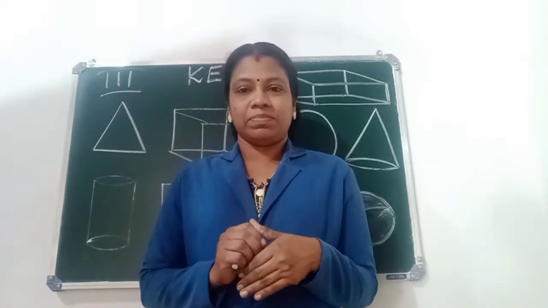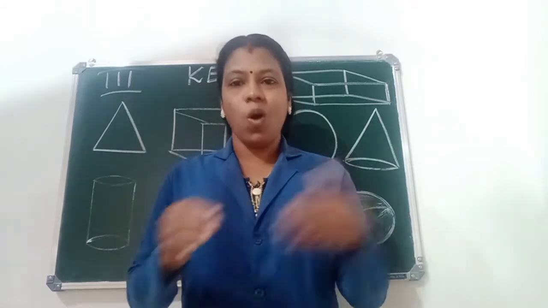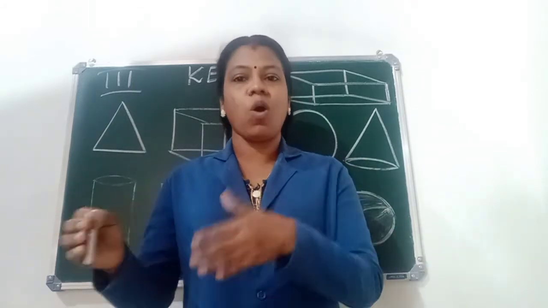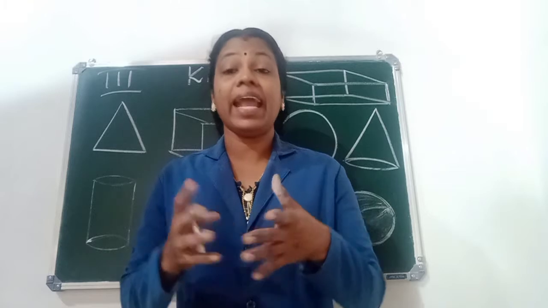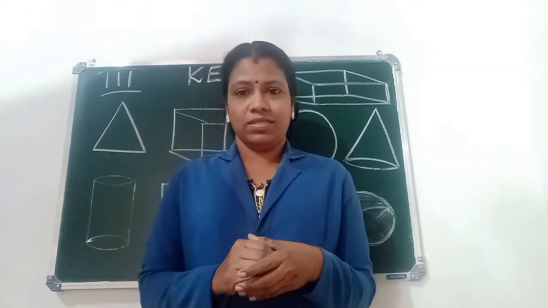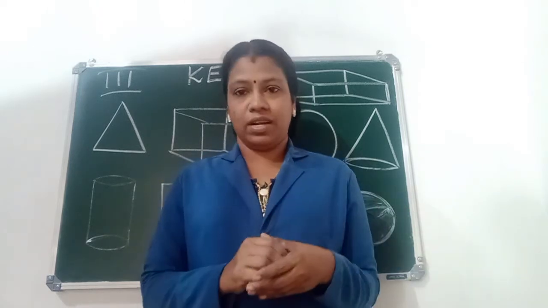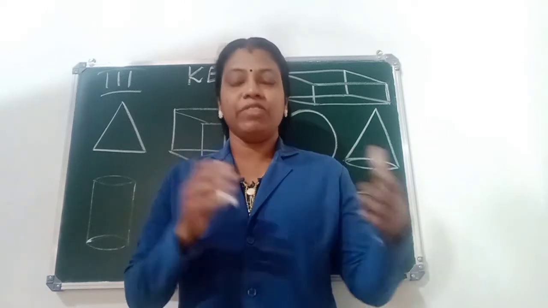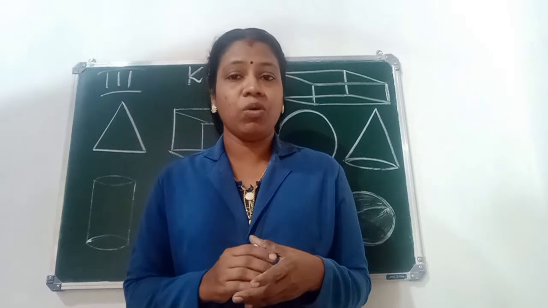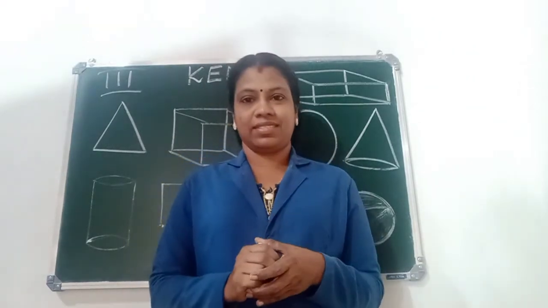A solid shape has no sides, but we call them sides. In solid shapes, we call the sides edges. And for corner, in solid shapes, we use another word. That is vertex.